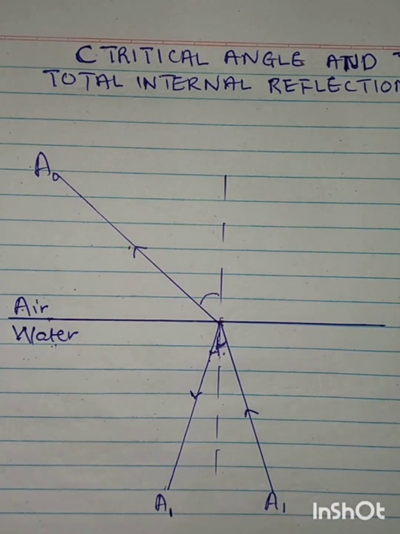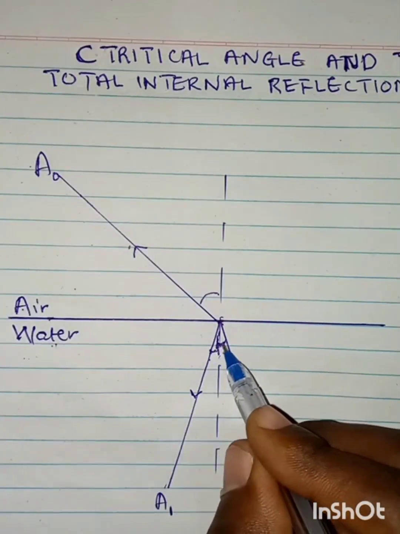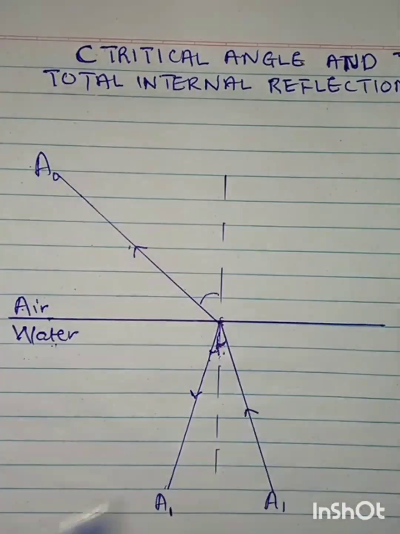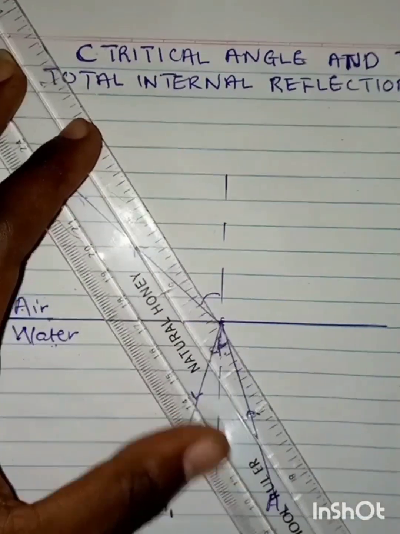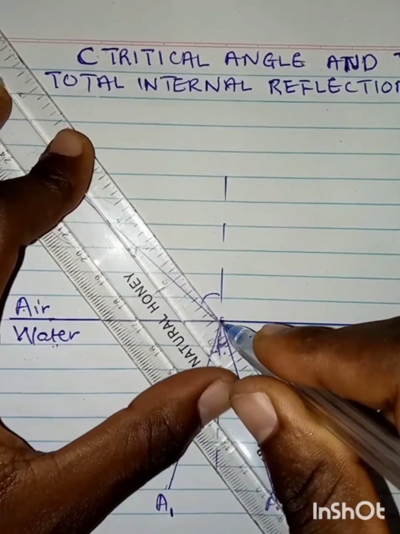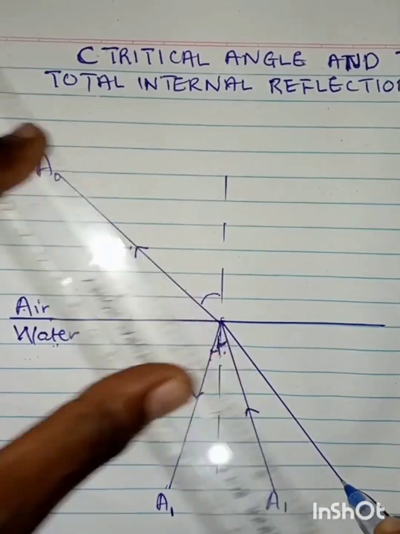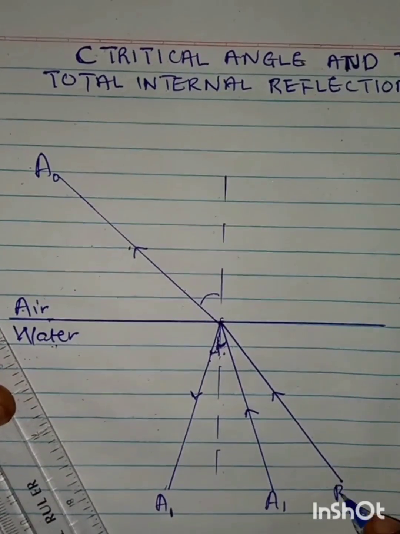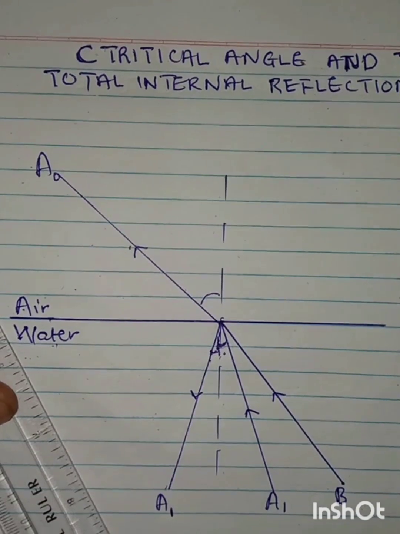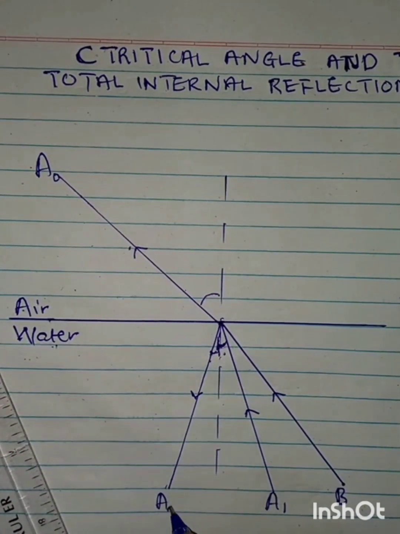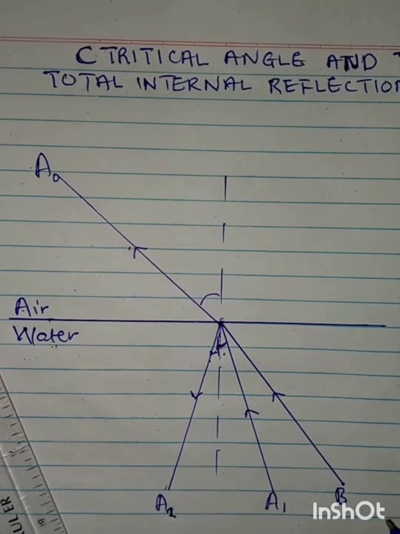I think you have understood. As the angle of incidence increases, also the angle of refraction increases. Now let's see here. The angle of incidence increases. Let's call this ray B. This should be ray 2, since this is ray 1.